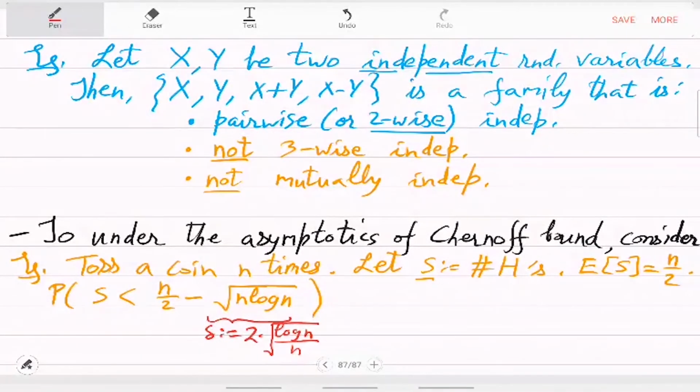So delta is very small; as n grows it is a function of 1 over square root n, and hence the Chernoff bound gives you e raised to minus n by 2 delta squared by 2, which is the same as e raised to minus log n, which is 1 by n. So that is a linear decay.